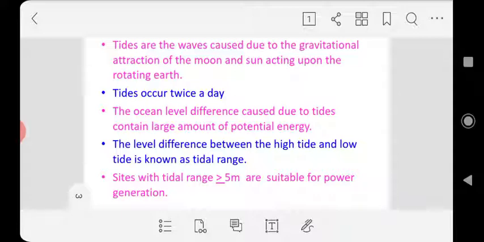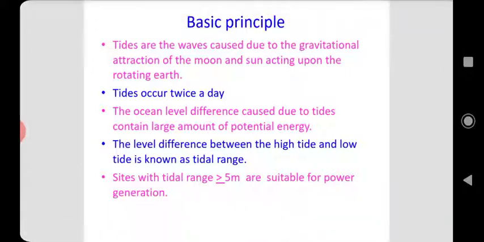During the high tide the water level will rise, and during the low tide the water level will decrease. The level difference between the high and low tide is called the tidal range. Sites with tidal range greater than or equal to 5 meters are suitable for power generation.